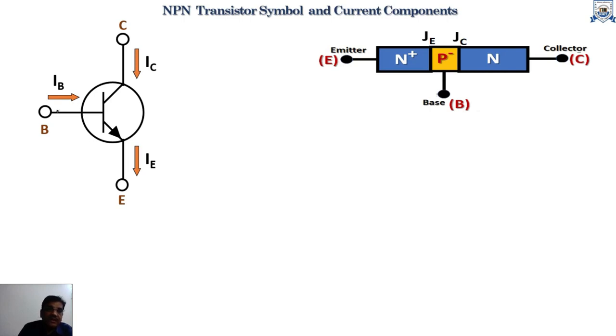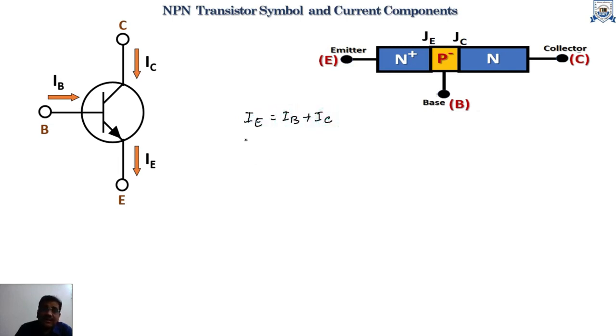The current flowing through the base terminal is known as base current. The current flowing through the collector terminal is known as collector current. The current flowing through the emitter terminal is known as emitter current. In this figure, if we apply KCL at any point, it is seen that emitter current is equal to the summation of base current and collector current.